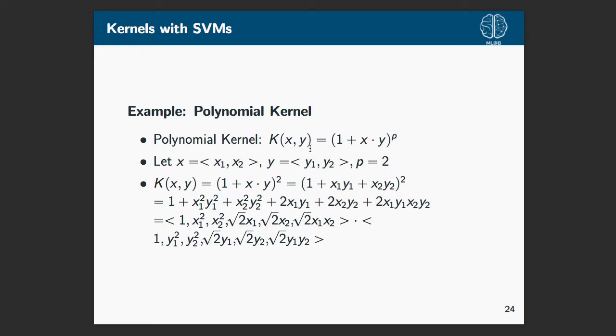If you wanted to make your x vector quadratic, you would have to take each individual feature in x and square it, and compute all the cross products between various features. For example, you would have x1 squared, x2 squared, x1 x2, and you would have to keep computing like that.